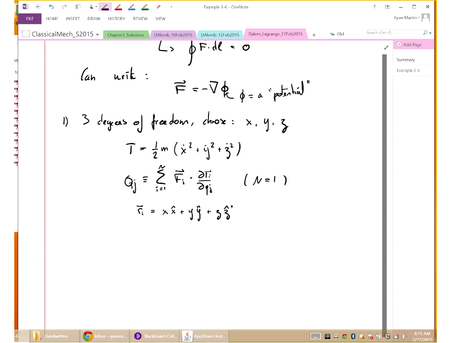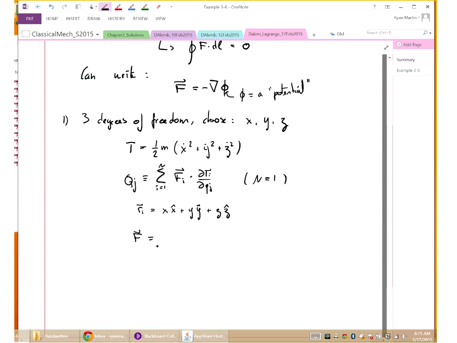And then we also have that the force F, remember we wrote the force F as the gradient of some potential.